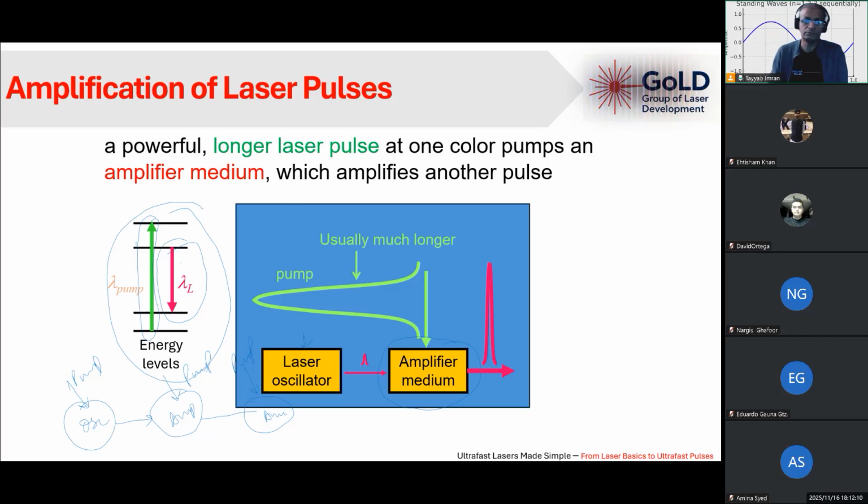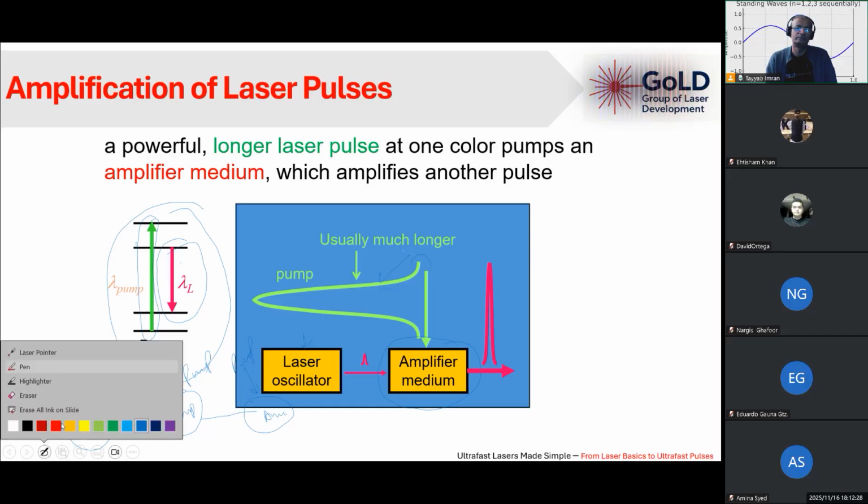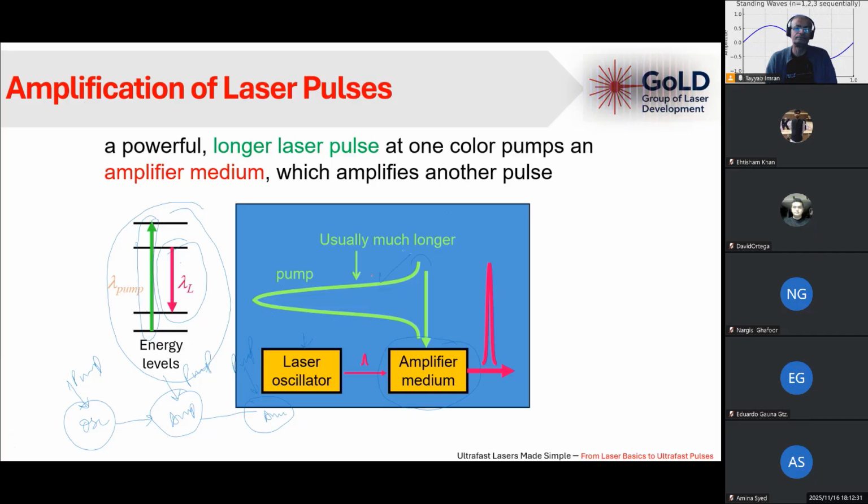Okay, and it should have a longer pulse than what we are supposed to generate with this amplifier, usually in the nanosecond range. Okay, and it has to be intense.